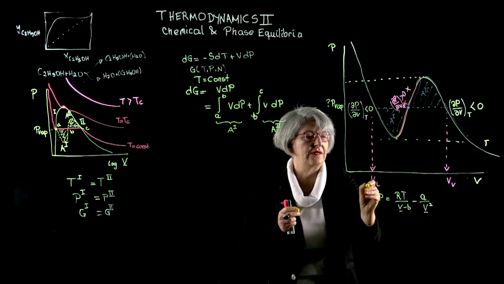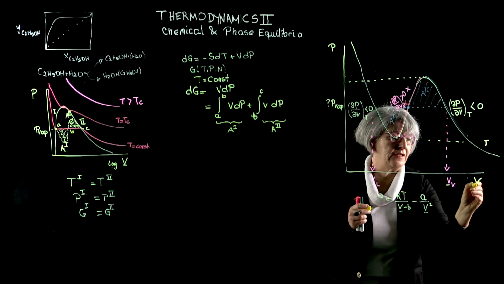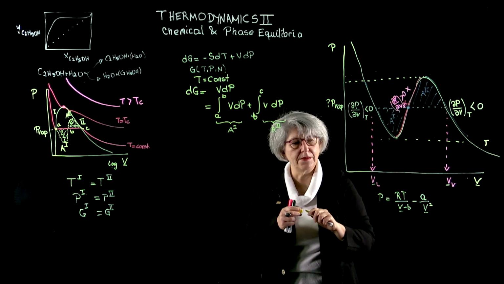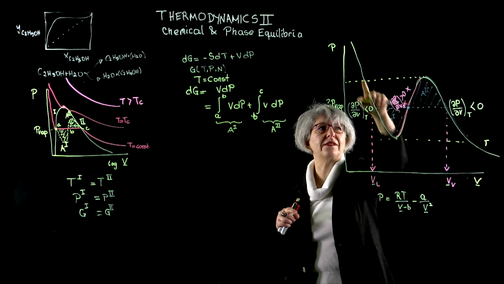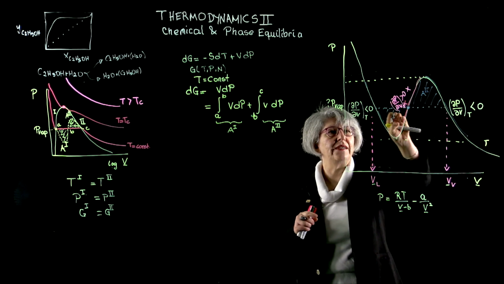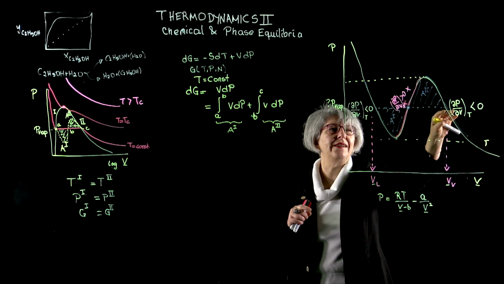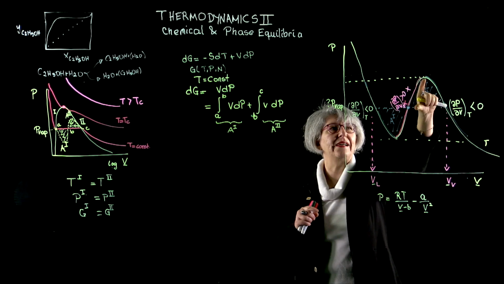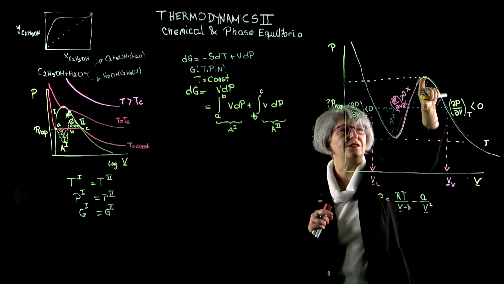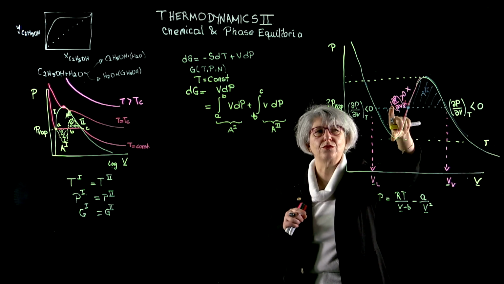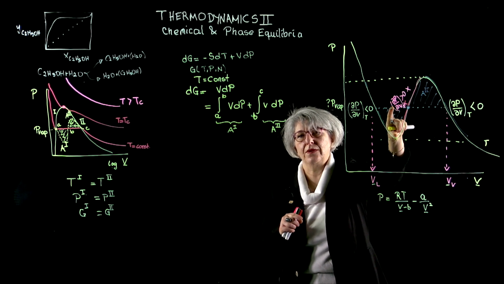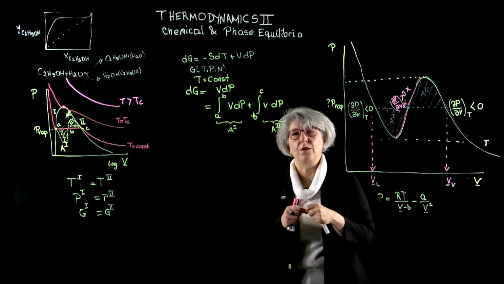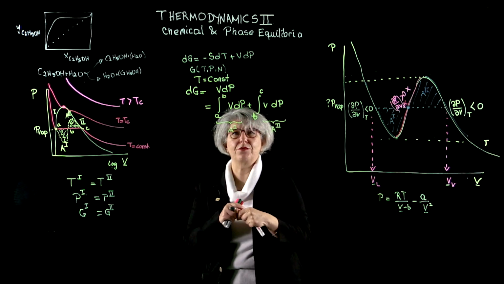So these V's are specific volumes, intensive variables, all right? Using this equation, generate this curve and find a line such that area under this curve is equal to the area under that curve. Or develop a mathematical approach.